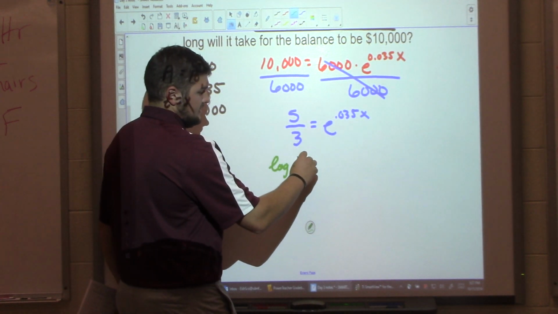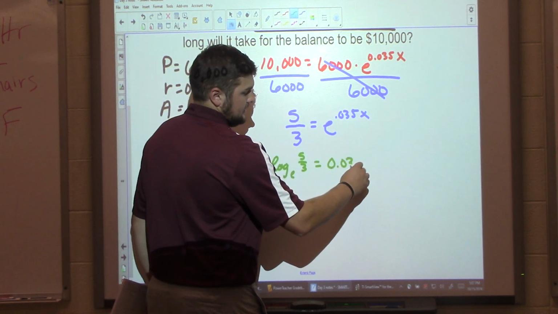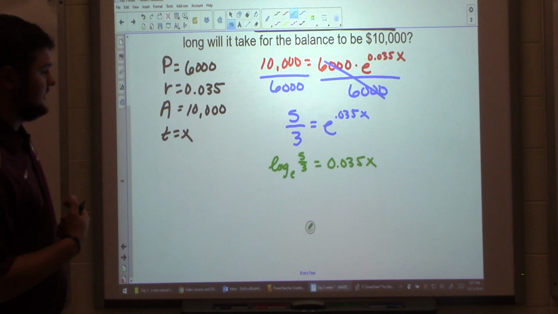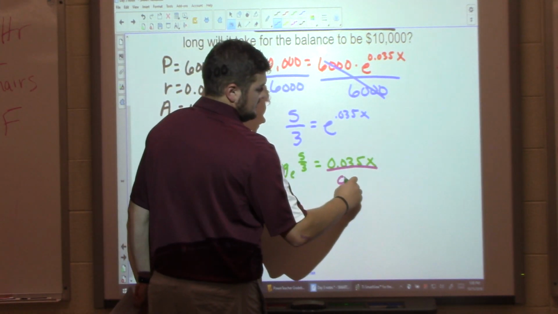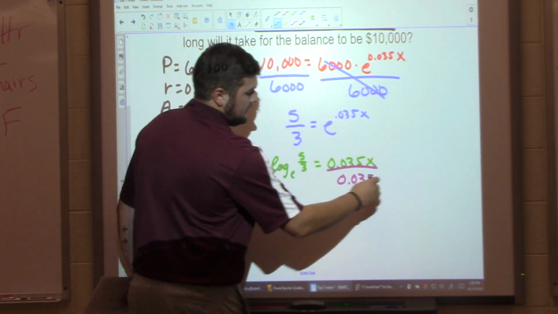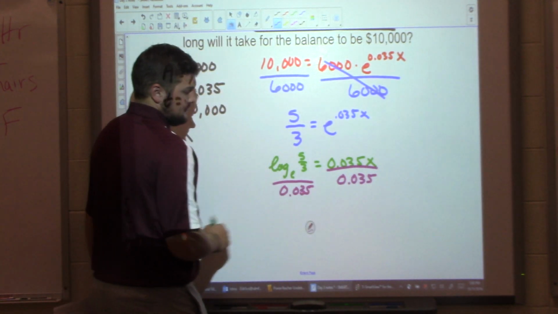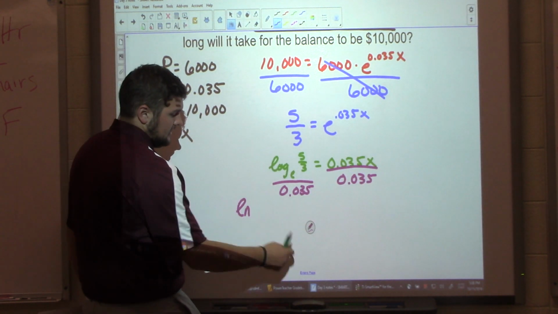Log base e of 5/3 equals 0.035x. And then I know to solve, all I'm going to do is divide by 0.035 on both sides. Right? Log base e, the same as the natural log.